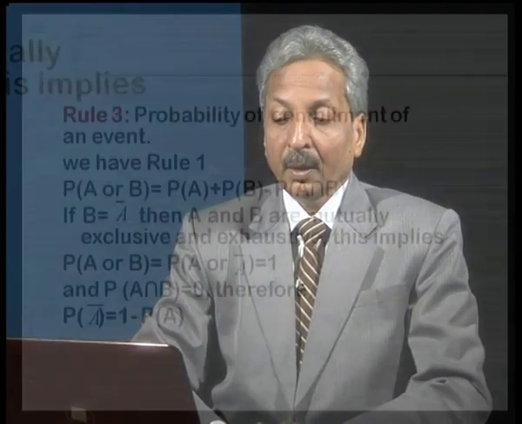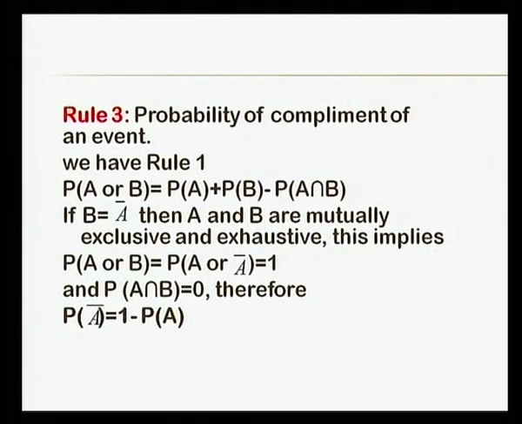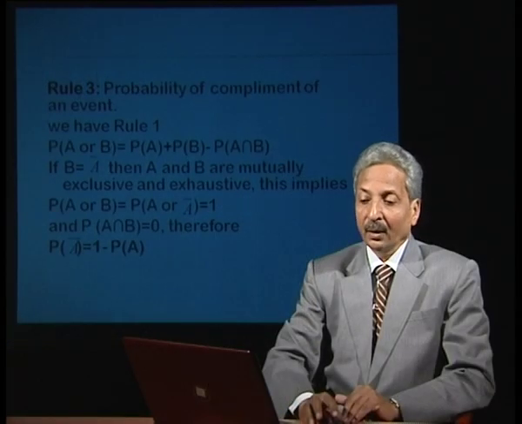Therefore, this gives me on the left hand side of rule 1 the probability of A or A bar, that is probability of A union A complement, and this is again by definition 1.